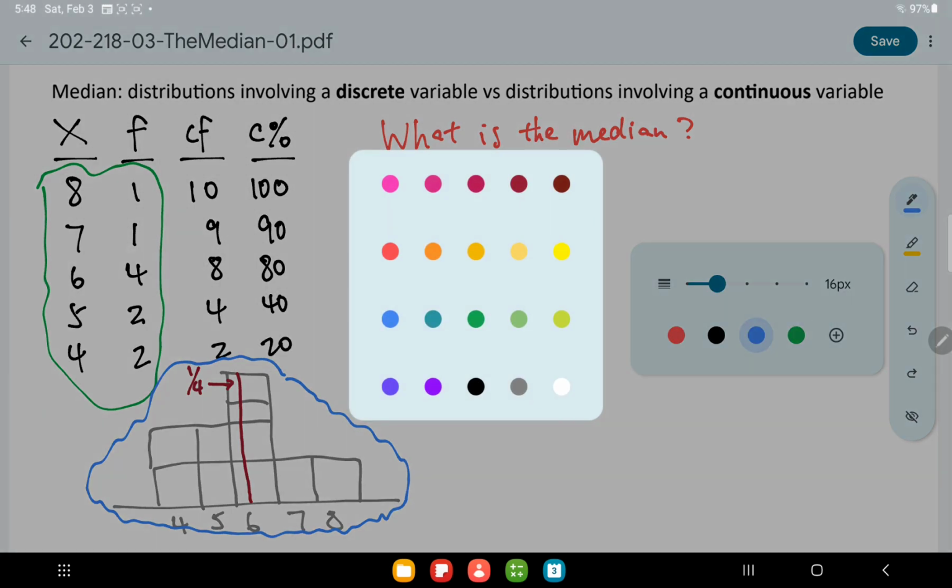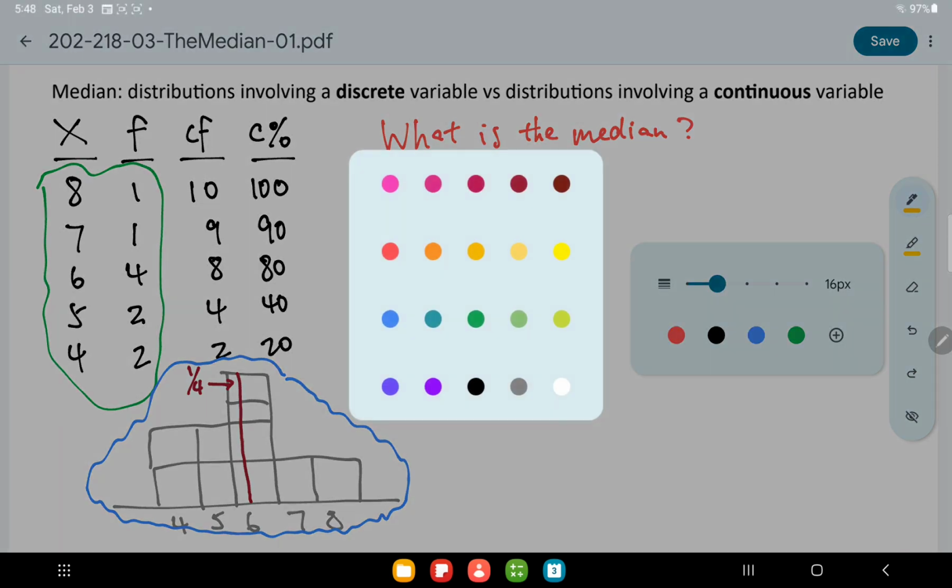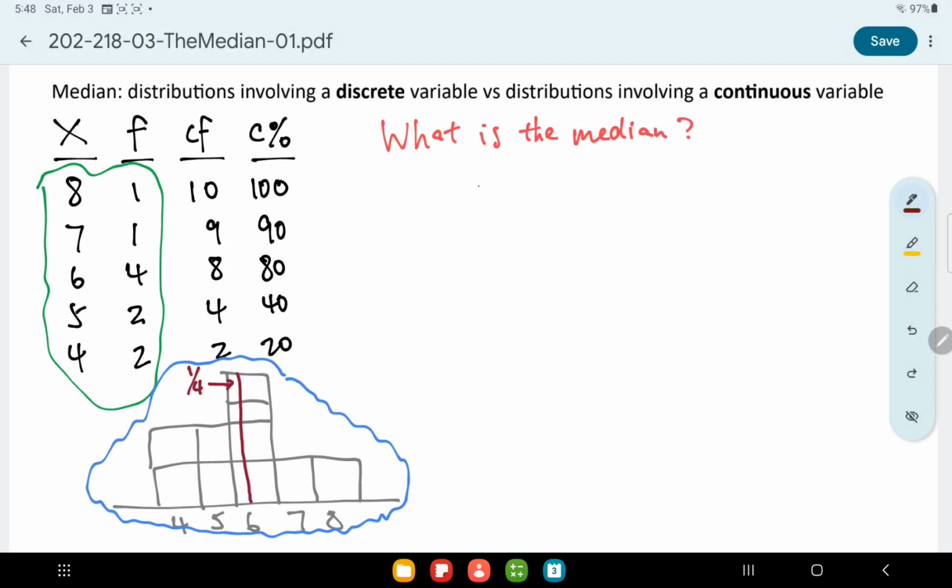The median, as defined, is the number that corresponds to the 50th percentile, which in your mind should make sense by now.